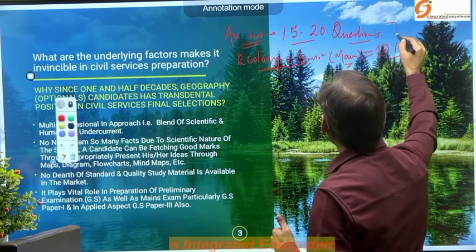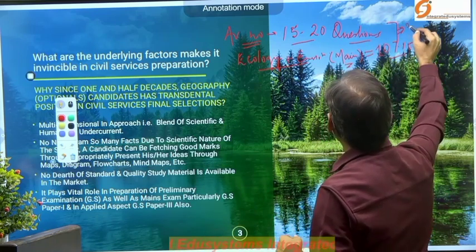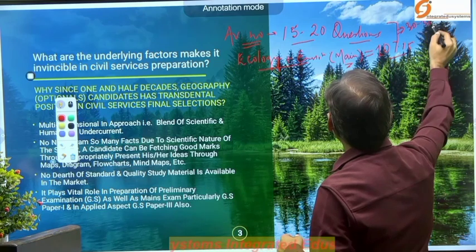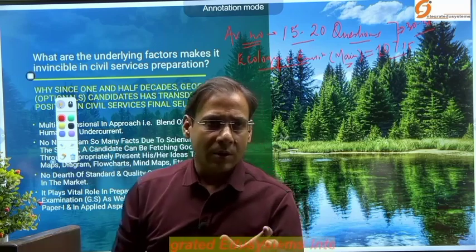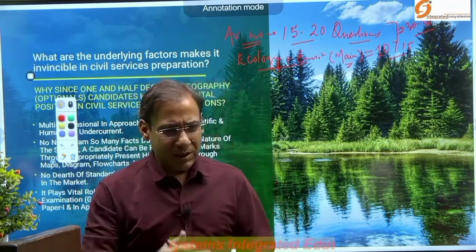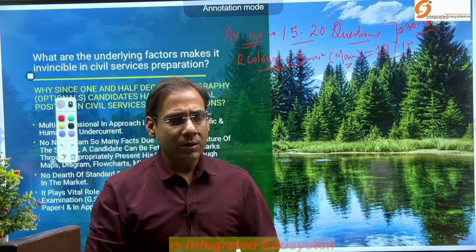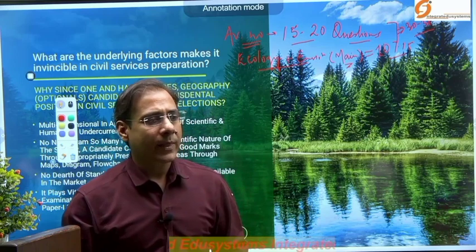So if you add geography plus ecology and environment, you definitely get 30 to 35 questions on an average, or more than that, in your pre-examinations, out of 100. It may vary somewhat, but I am giving you the trends of the last 10 years.